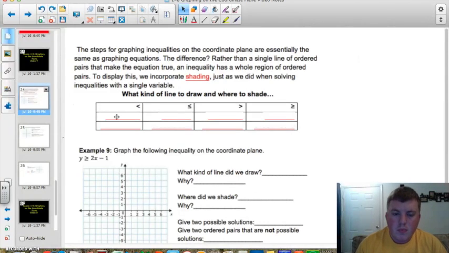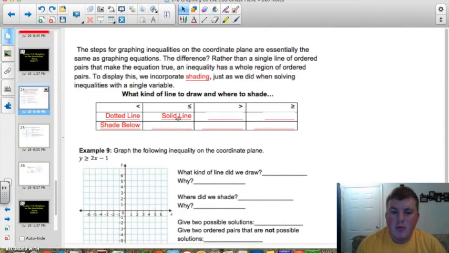So, if we are looking at a less than, we are going to draw a dotted line, and we are going to shade below the line. If we have a less than or equal to, that equal to means that that line can be a solution, so we're going to do a solid line. This matches up with our open circle and our closed circle when we are doing these on the number line.